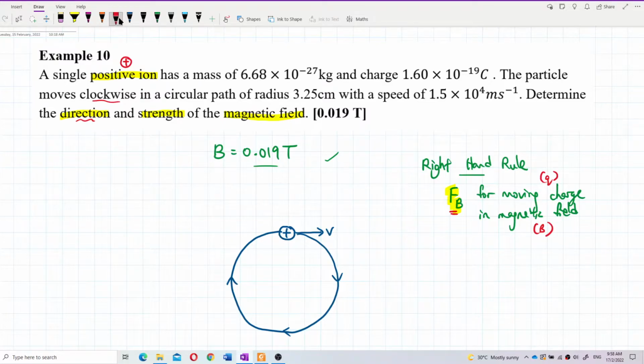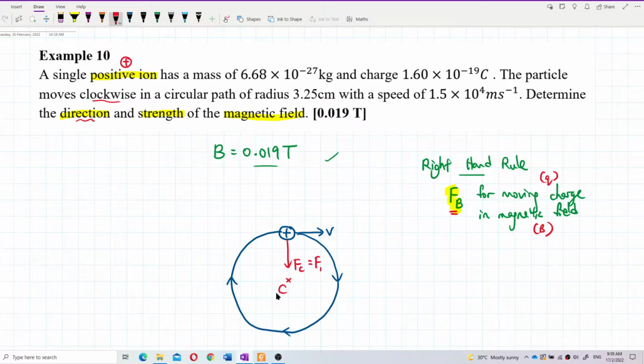The center is over here, isn't it? The positive ion moves in a clockwise direction, so the centripetal force must be towards the center of the circle. Who provides the centripetal force?